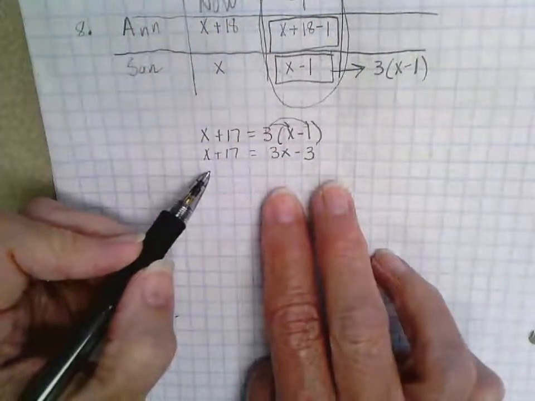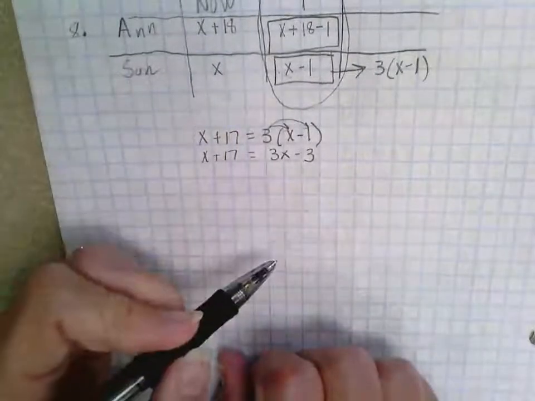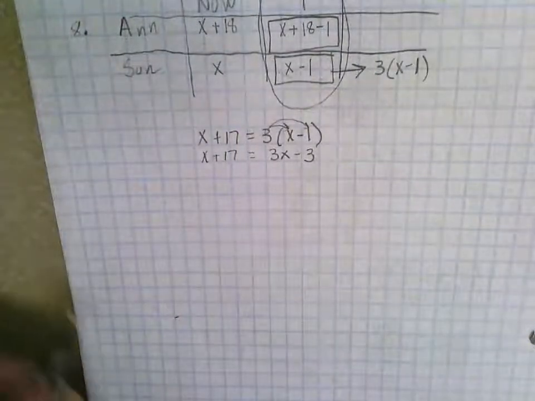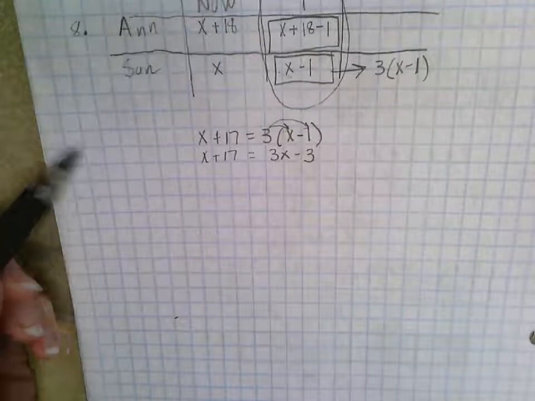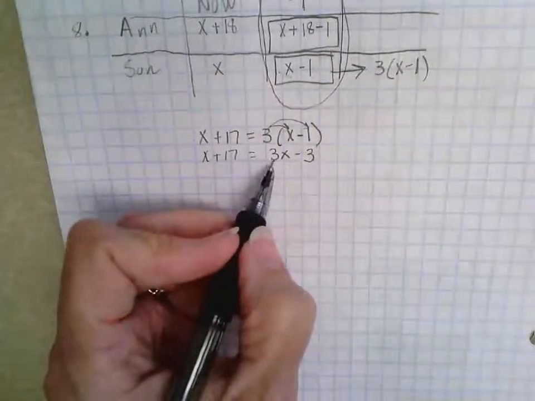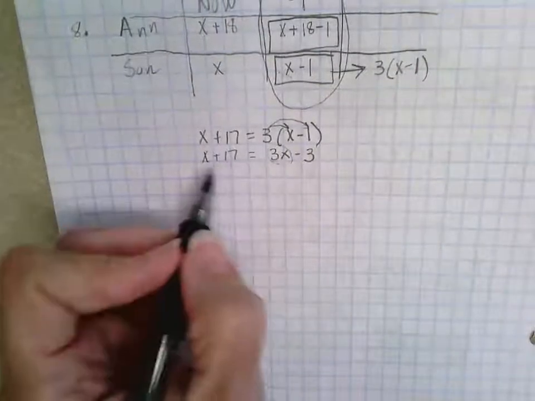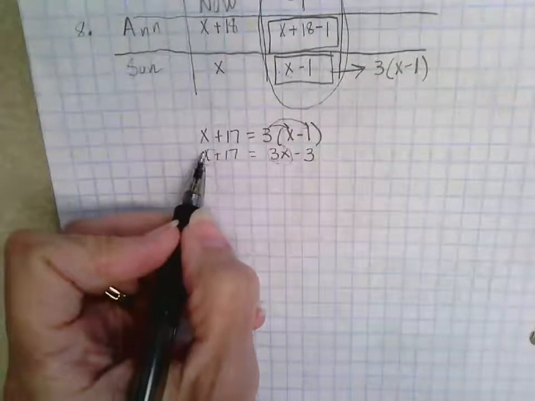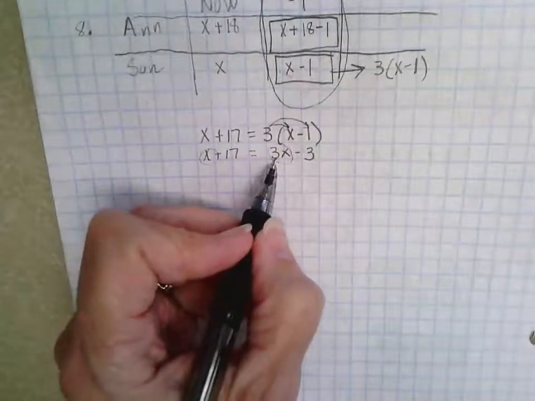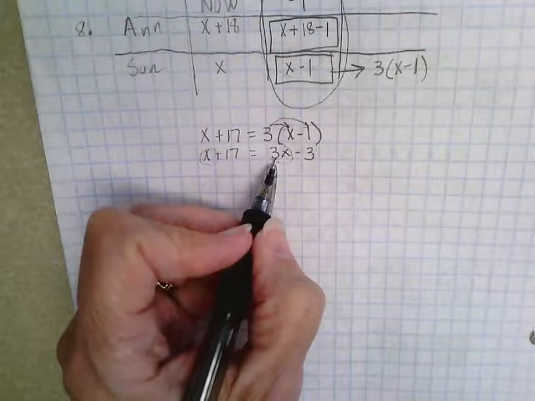Now I can start moving things around and trying to isolate my variables on one side and my numbers on the other. Well, I can see in this expression I have 3 x's, and over here I have 1 x. So I'm probably going to want to have my x's on the right-hand side. That would be simpler.